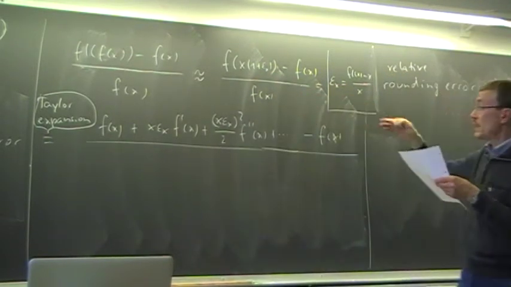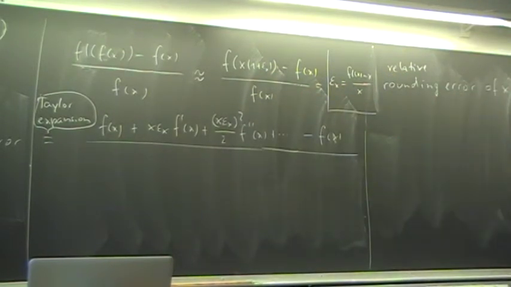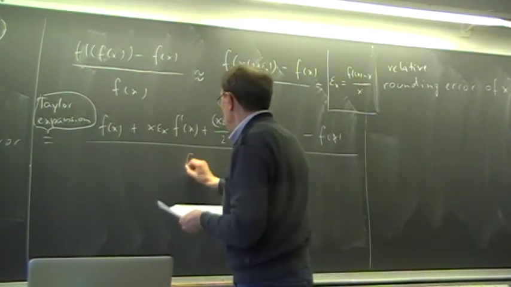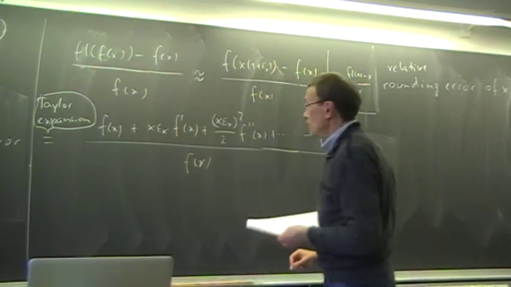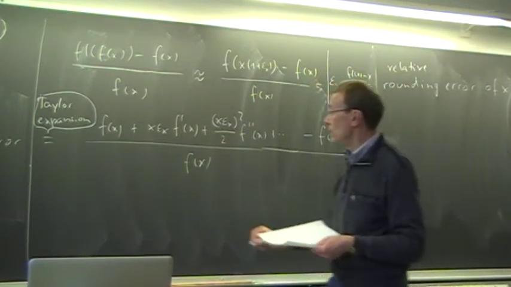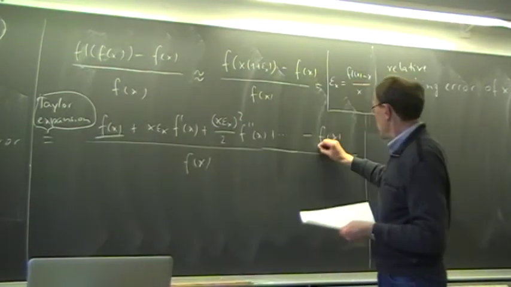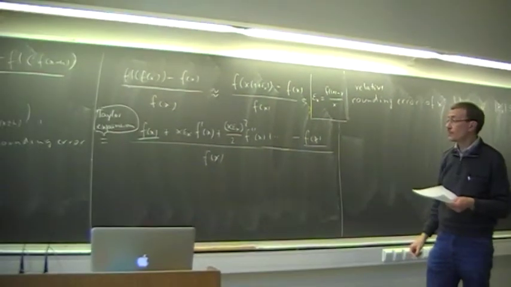So it is f of x plus x epsilon x. So that we can do. And we divide by f of x. And then we see, when we do that, this f of x cancels.